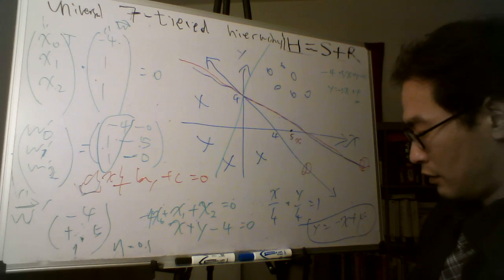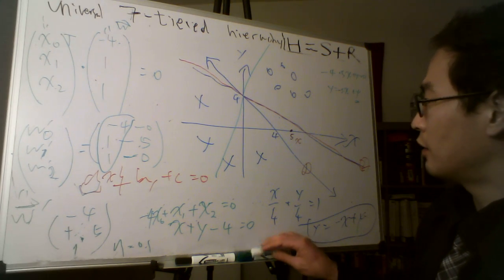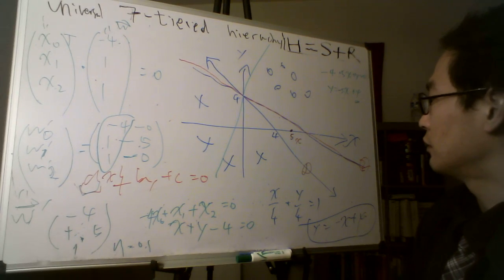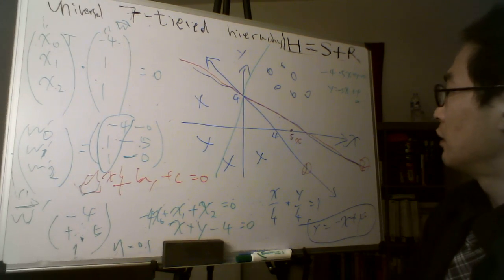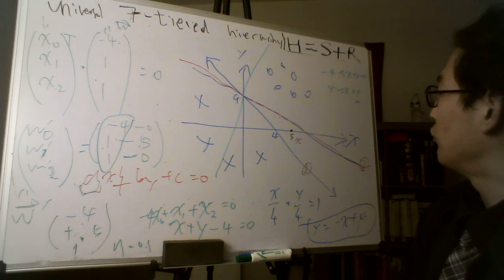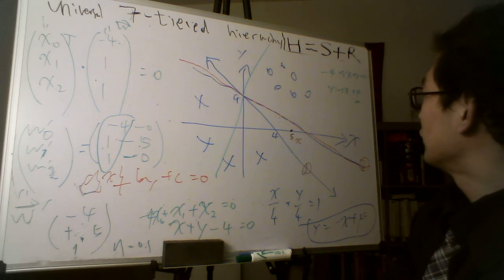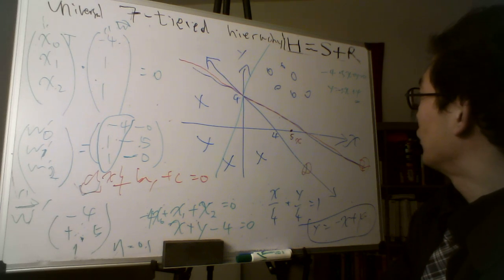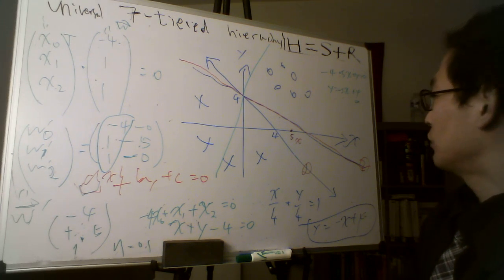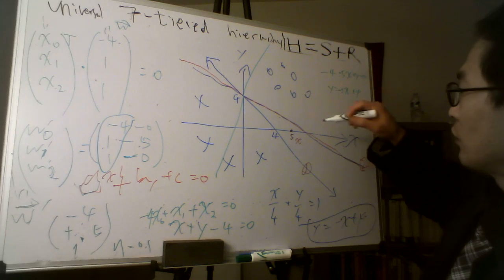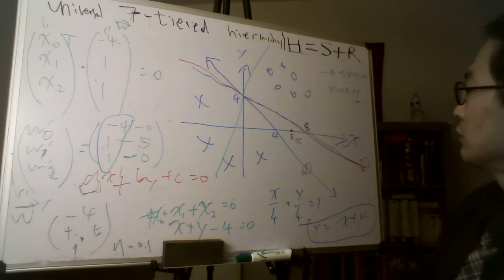Then this line becomes, what would be the x intercept? So y is 0, 4 times that becomes 8. Okay, 8.